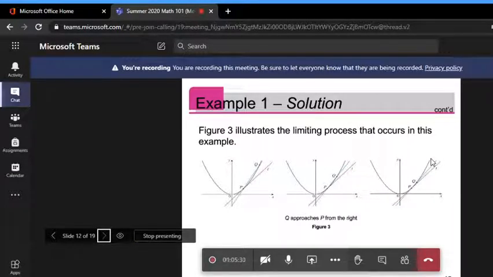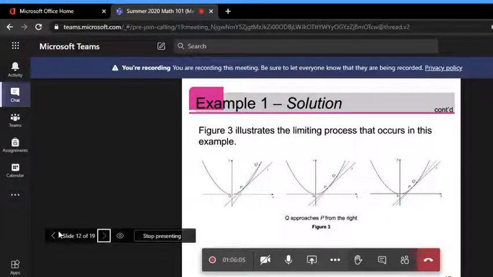Each time, they found the slope of this line by using P and Q, because we know Q. They were able to find the slope of the secant line, and they observed that as they get close to the point P, the slope of the secant line is getting close to the real slope of the tangent line. Okay, that was the idea.